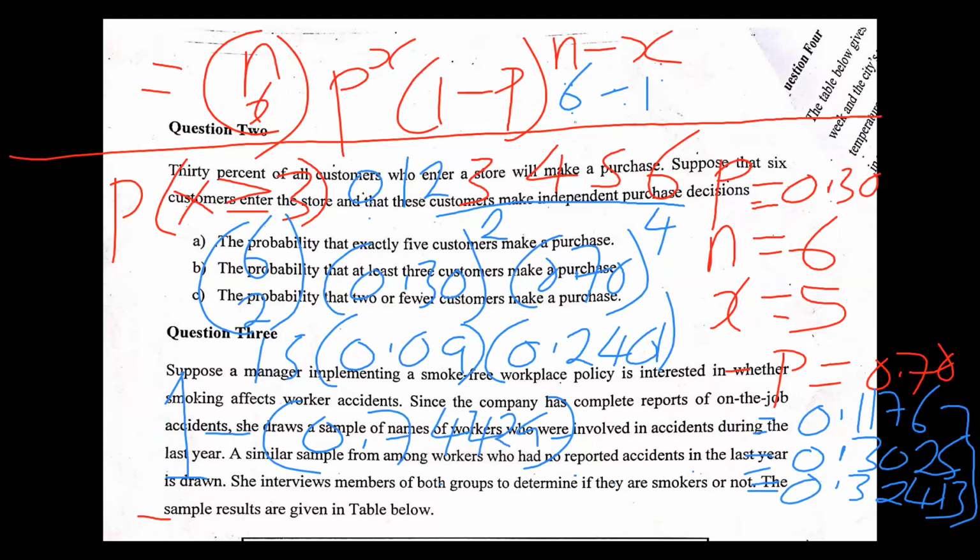Then when you subtract from 1, 0.255705. So basically, this is the answer for the probability of 3 and above customers making a purchase. Any question?